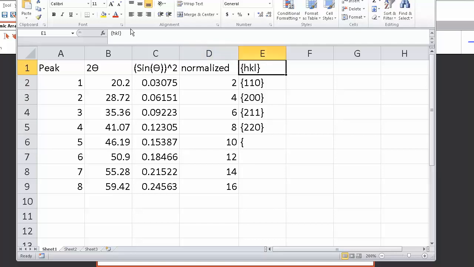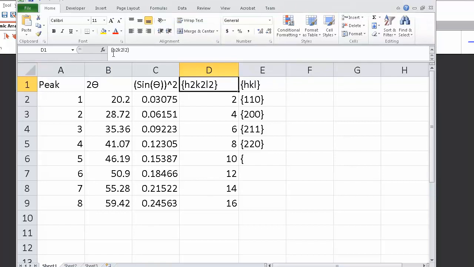So I could actually relabel this column, let's leave it as that. That's supposed to mean h squared plus k squared plus l squared.